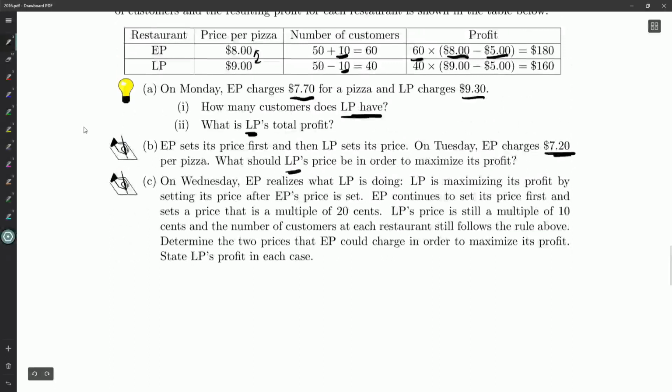And now, what do we got for C part? On Wednesday, Aaron's Pizza realizes what Lino's Pizza is doing. Lino's maximizing his profit by setting his price after Aaron's Pizza has their price set. Okay, that makes sense. Now, Aaron's Pizza continues to set its price first, and sets its price that is a multiple of 20 cents rather than just 10 cents.